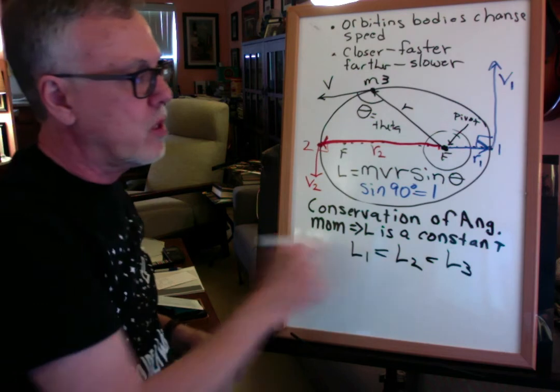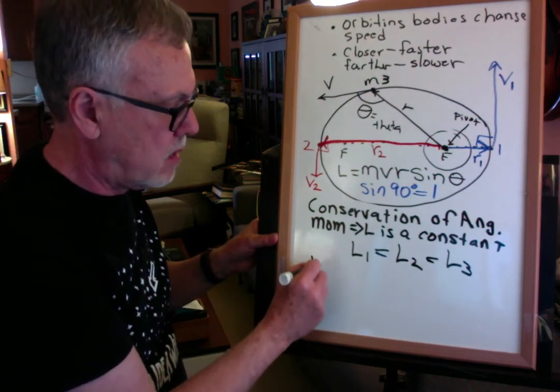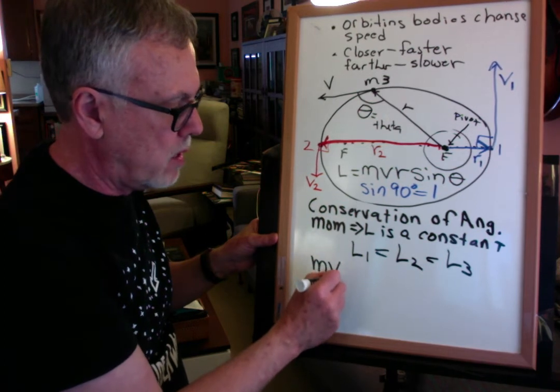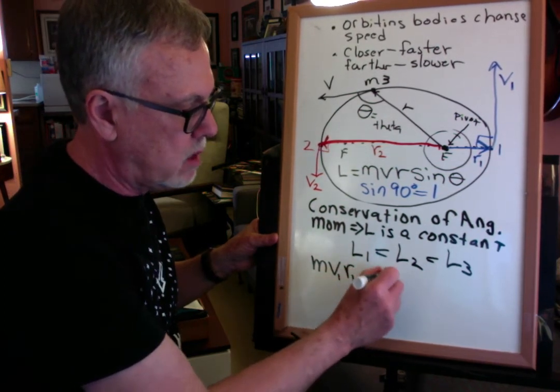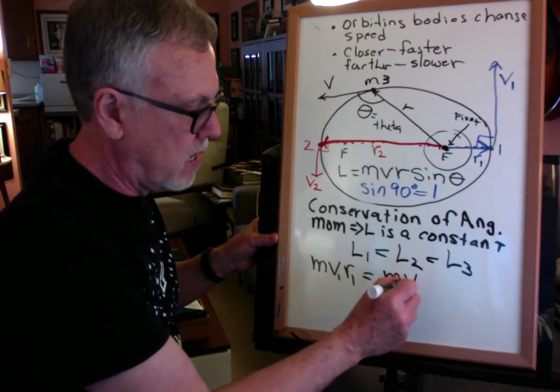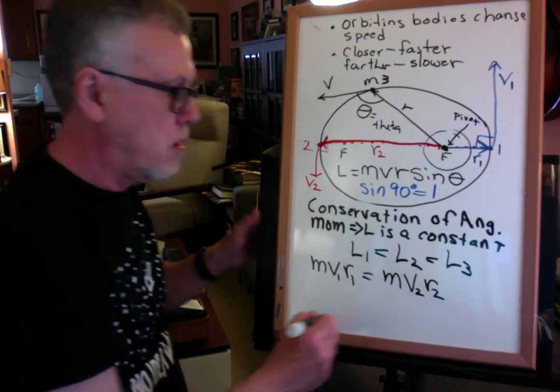So I'm just going to focus here. We have the mass times the speed at point 1 times the distance at point 1 equals the mass times the speed at point 2 times the distance at point 2.